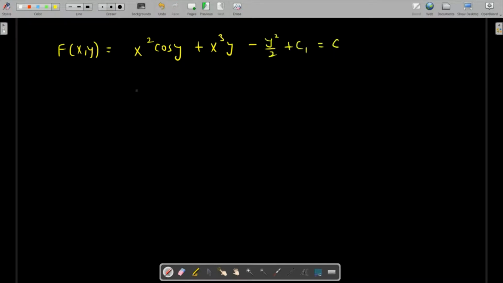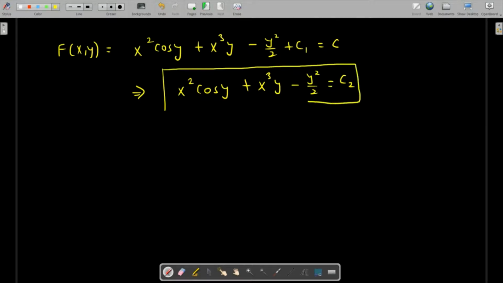This is actually equal to c. So finally, the equation comes out as x square cos y plus x cube y minus y square over 2 is equal to c2, which is the final answer.